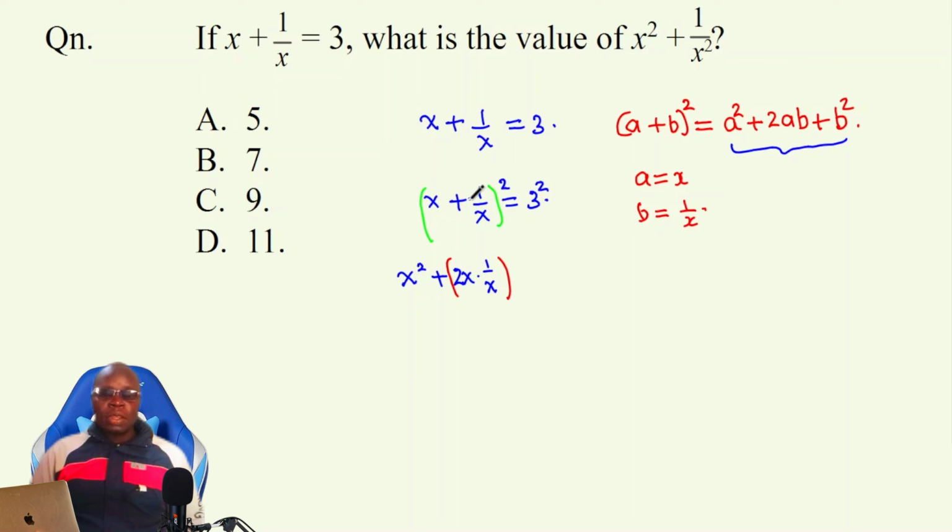And lastly, we square the last term here, and that is plus 1. Because when you square 1, you get 1, and if you square x, you get x squared. The square of 3 is 9.